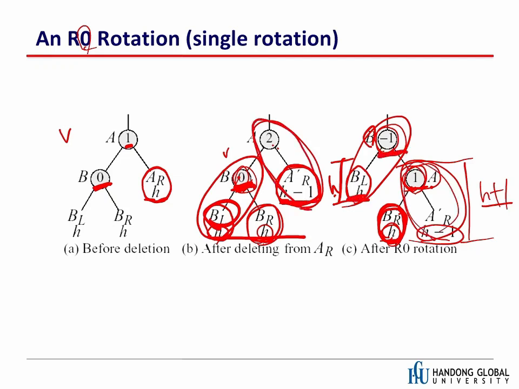We actually changed the relationship here. In this case, B is the left child, so B is smaller than A, and in this relationship B is still smaller than A. BR is smaller than A and larger than B, and in this figure BR is larger than B and smaller than A. So we didn't change the order. We just changed the structure.